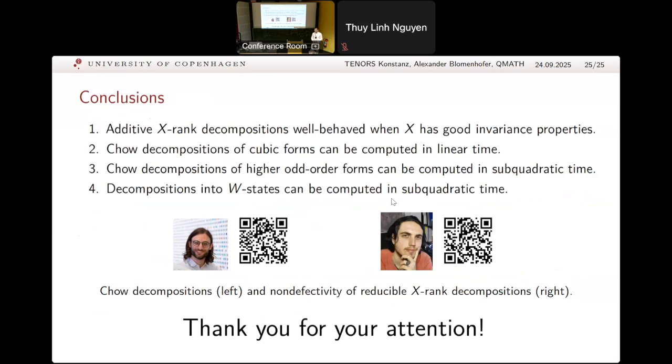Can you interpret the eigenvectors? So you mentioned the eigenvalues of your generalized... In principle, for the Chow rank decomposition for order 3, the generalized eigenvector is just another vector which is orthogonal to AI1.